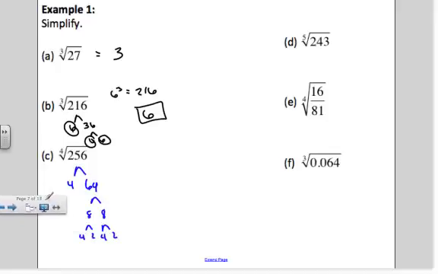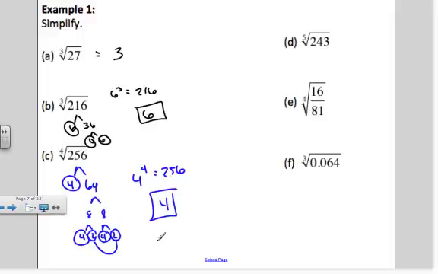Now, at this point, it doesn't look like I have a fourth root, but look closely. 1, 2, 3, and then this one and this one make my last 4. So 4 to the fourth power is 256. So 4 is my fourth root.